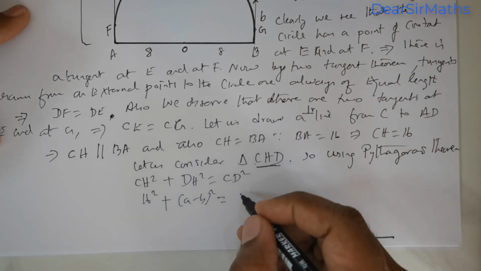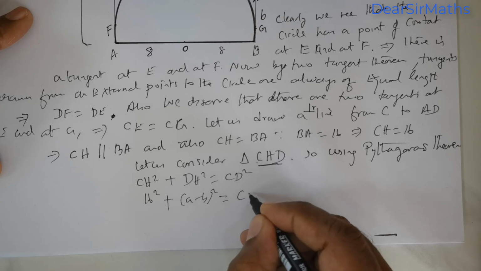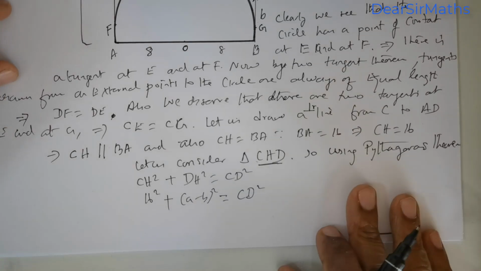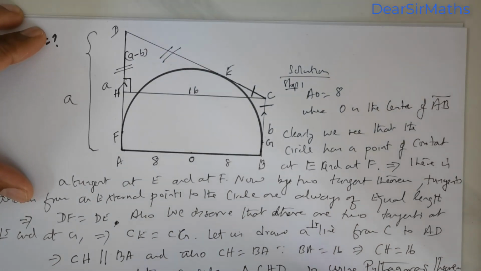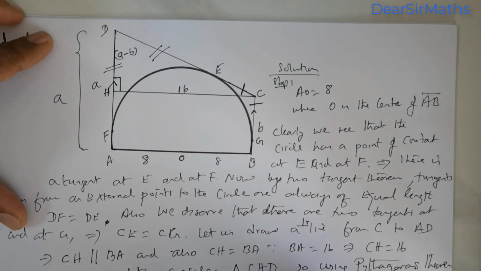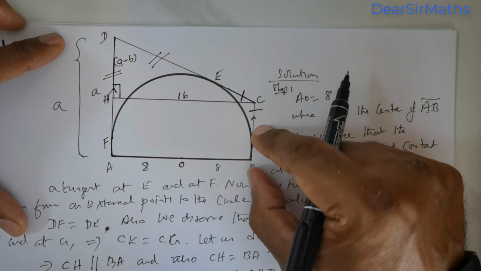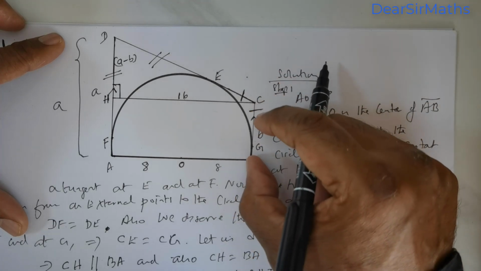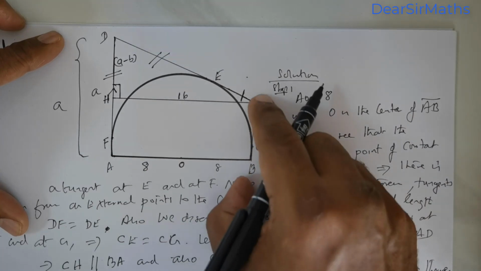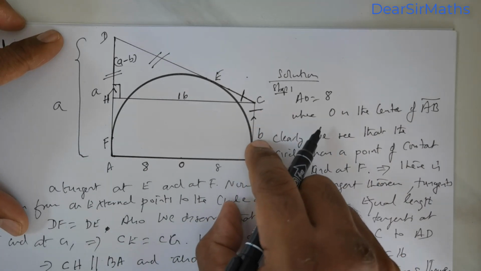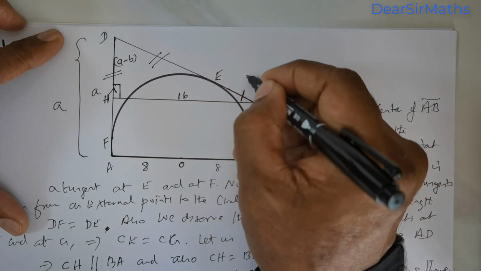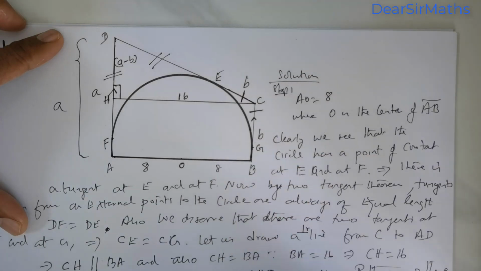Now I need to get what CD is. For the time being I'm just placing CD squared here. How are we going to get CD squared? Now this length is B, so this is also going to be B. The tangent is being drawn, so this entire tangent is going to be B units up until here.